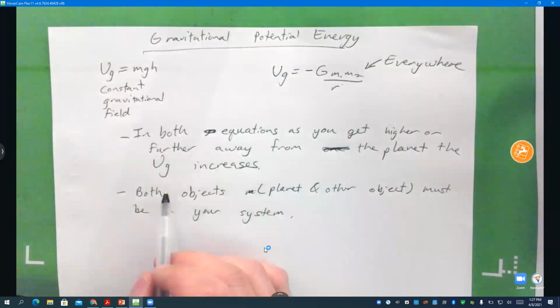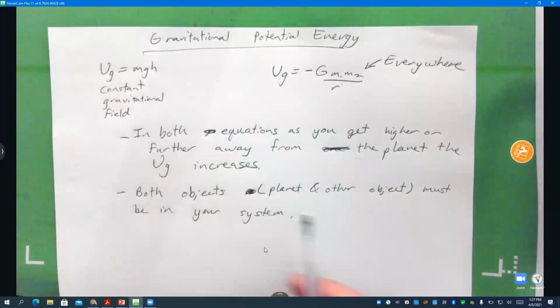And note also, both objects, the planet and the other object, must be in your system.